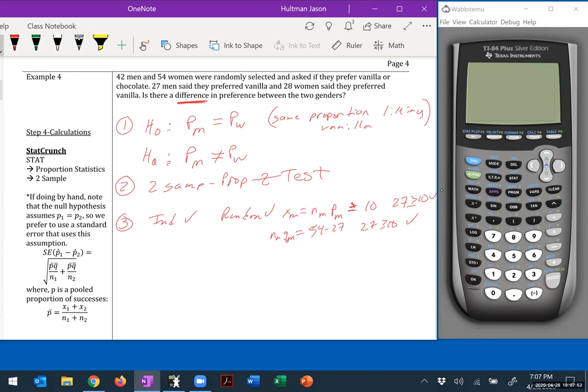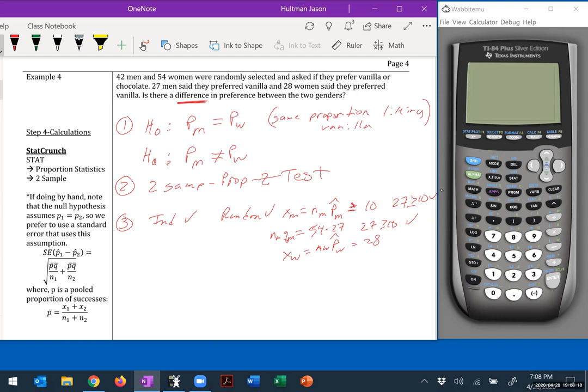Okay, what about the X women? The X women, which is the n women times the probability of the women, was equal to 28 out of 54, right?